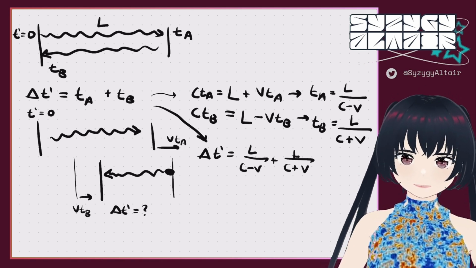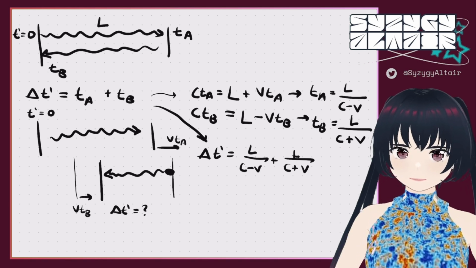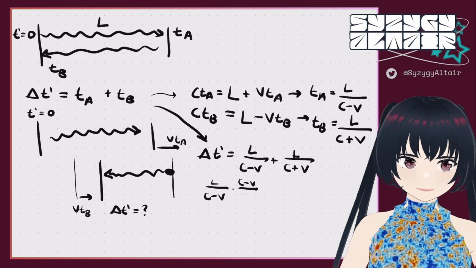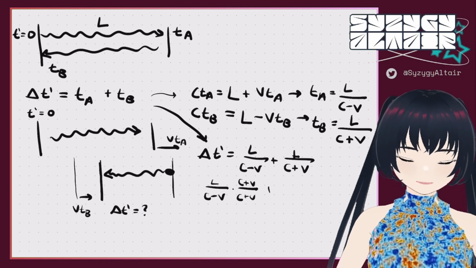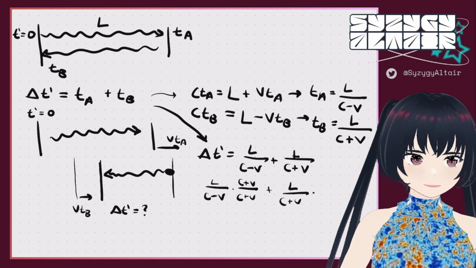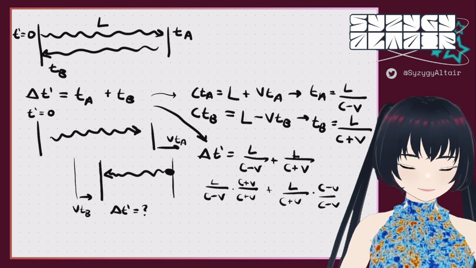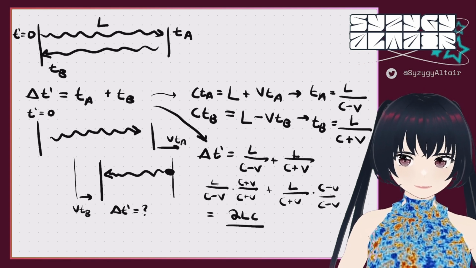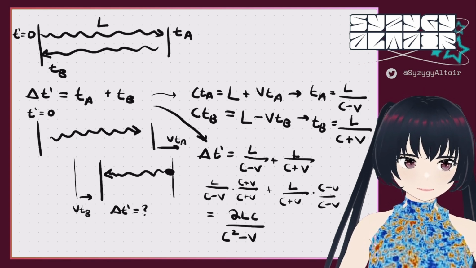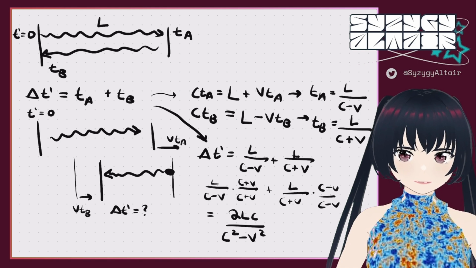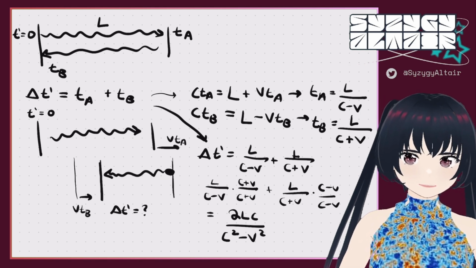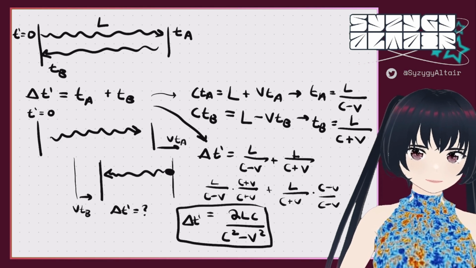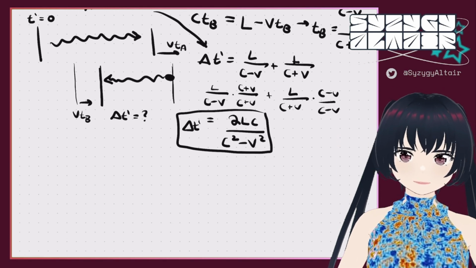So we can actually combine these factors by multiplying c plus v and c minus v on the top and bottom respectively. And then we obtain delta t prime is equal to 2Lc over c squared minus v squared as the final simplification.